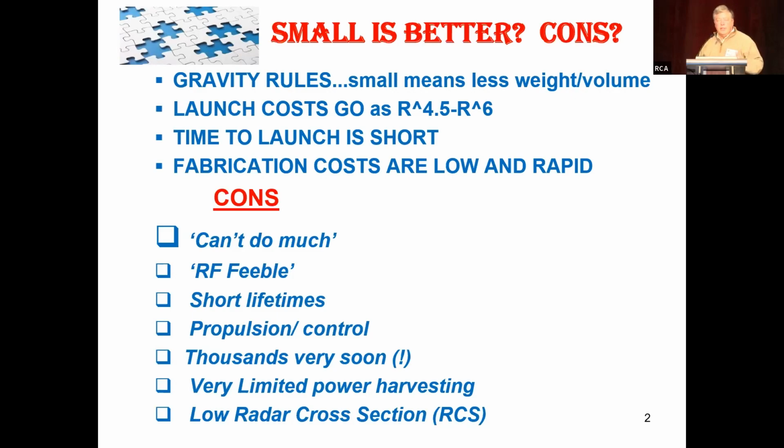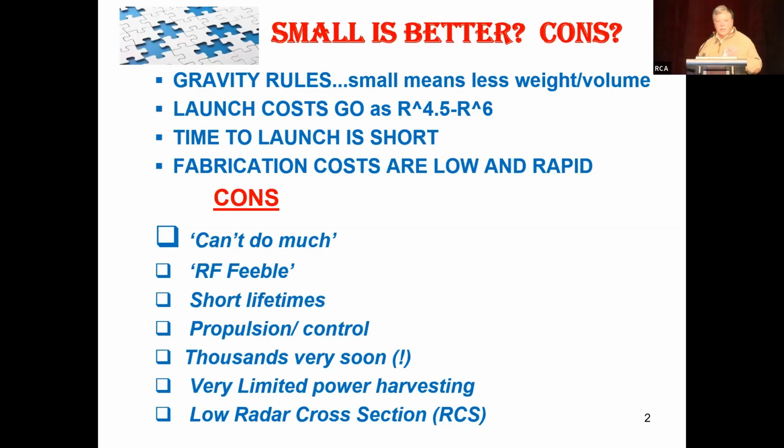It's a bit of a simplistic way of looking at it, but if you look at how much it costs to launch a satellite relative to one side of the form factor of the satellite, it goes as that edge to the 4.5 or to the 6th power. So the cost of launch goes up dramatically, even if you double the size of the satellite. Costs are expensive if you make a big satellite. Fabrication costs are expensive, the time to launch is long, and so on. So there are all kinds of reasons to make much smaller satellites.